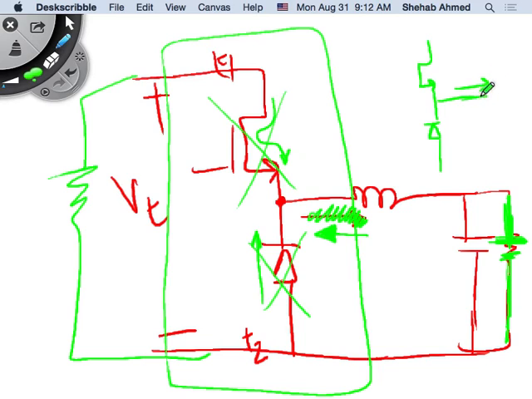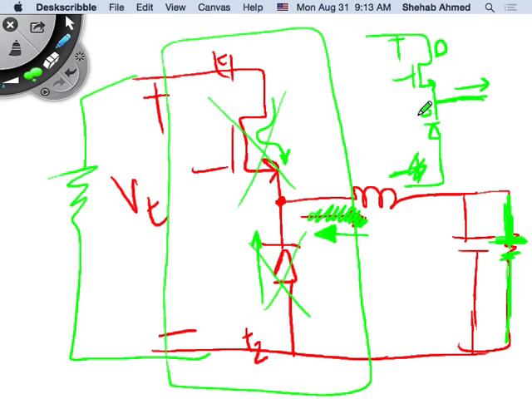Current was coming out this way, and voltage polarity was like this. I am making everybody happy because the drain voltage of the MOSFET is higher than the source voltage. So we said that for a MOSFET to be able to turn on and turn off, drain voltage has to be higher than source voltage.